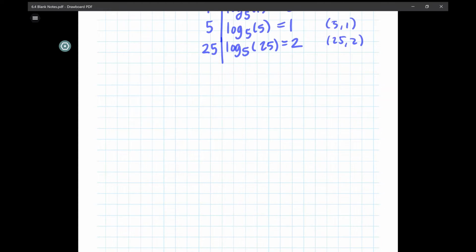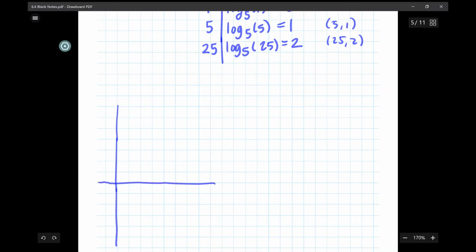1, 2, 3, 4, 5, 6, 7, 8, 9, 10, 12, 13, 14, 15, 16, 17, 18, 19, 20, 21, 22, 23, 24. Boo. Wish I had one more point. I think I can just squeeze one in. I should have made this graph a little wider. That's okay. Here we go. Yeah, that should be okay.